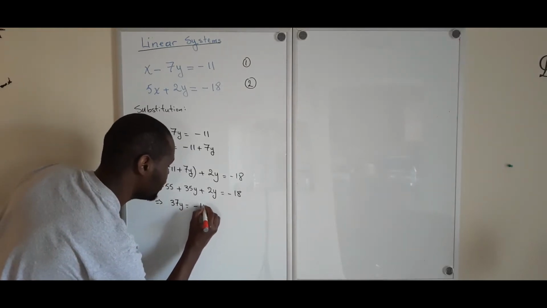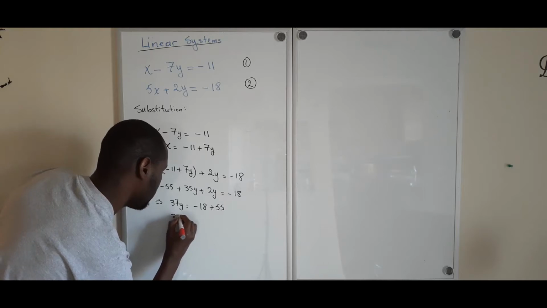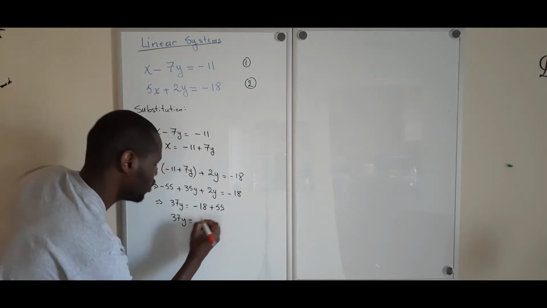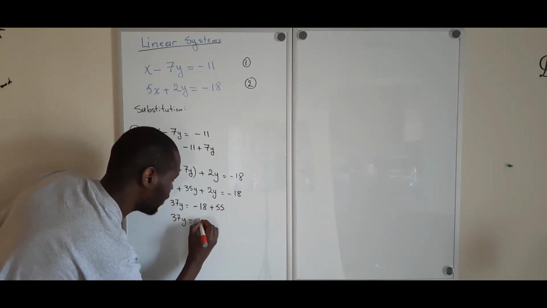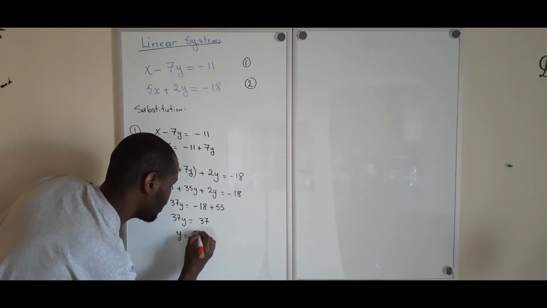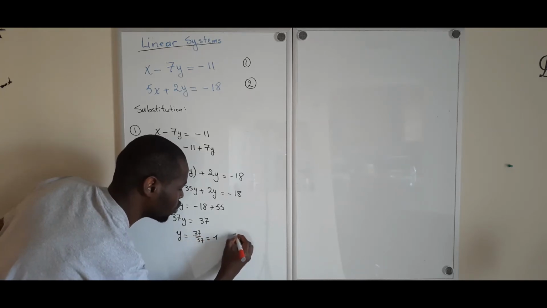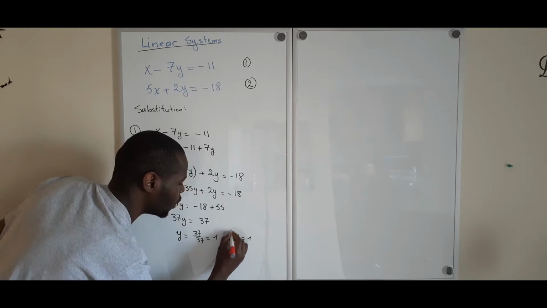So I have negative 18 plus 55. So 37y equals negative 18 plus 55, which is 37. So y equals 37 over 37, which equals 1. So y equals 1.